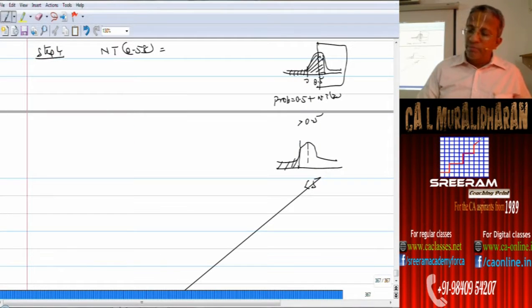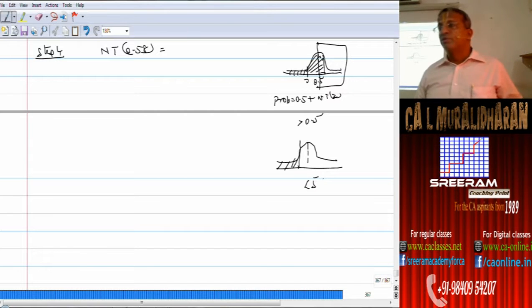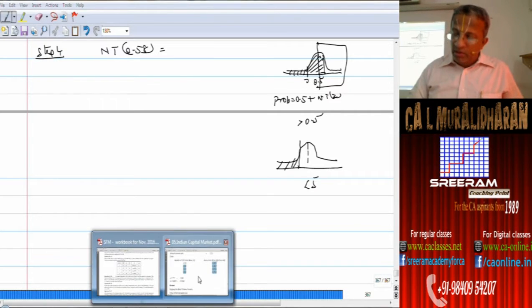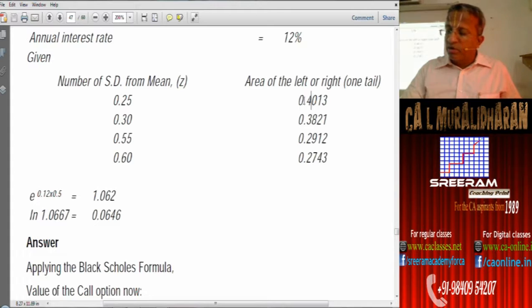How would this less than 0.5 have come? It would have come because they would have reduced the normal table value from 0.5. The areas they gave against 0.25, 0.30, 0.55 and 0.6 were all less than 0.5. These numbers were all arrived at by deducting the normal table value from 0.5.